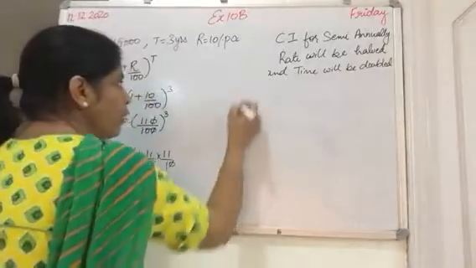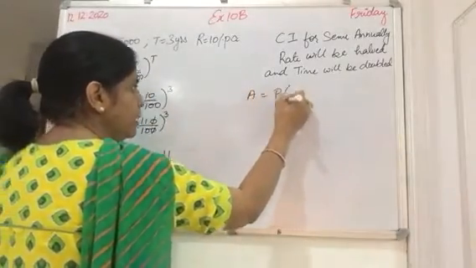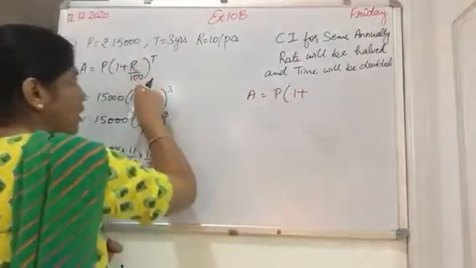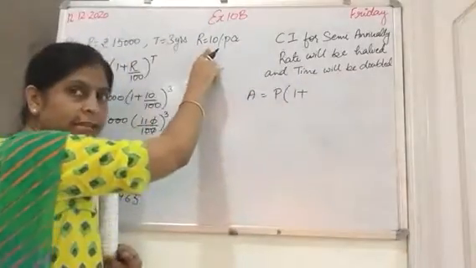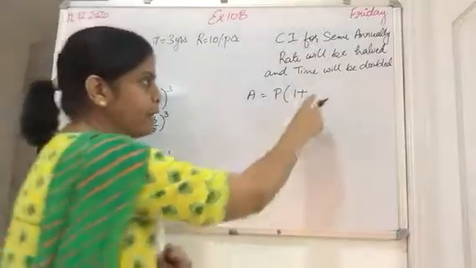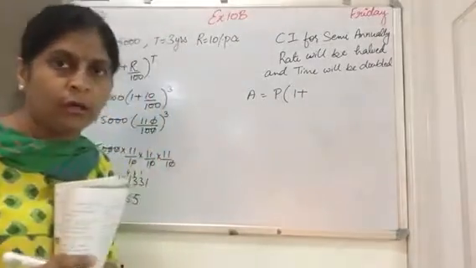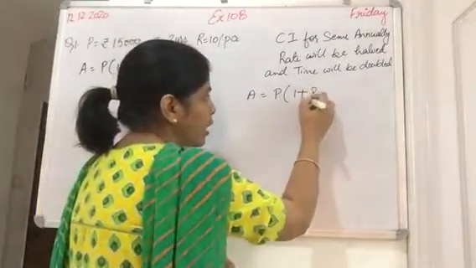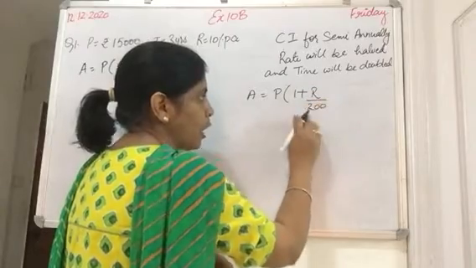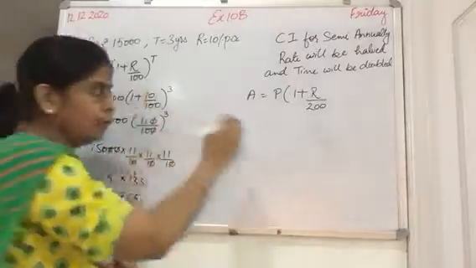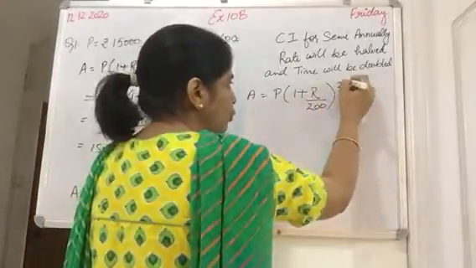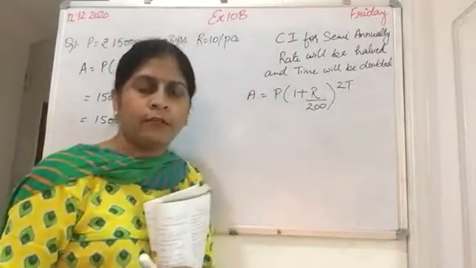For the amount, the formula will be 1 plus R upon 100. Suppose the rate is 10%, so you write 5 here when you apply the formula. Otherwise you can write R upon 2 into 100, and time will be 2 into T. Why doubled?